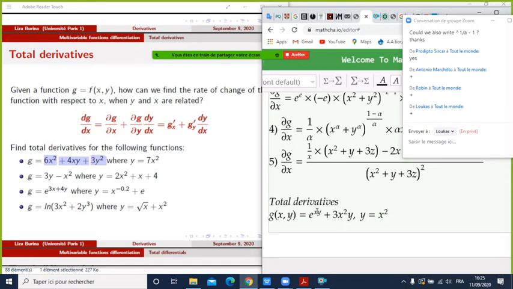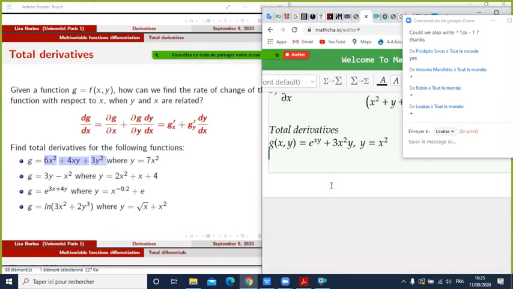You obviously do not always have that information, first of all. Or you can even have a case where they're not correlated at all and you can say it for sure. So total derivatives is a specific technique for a specific case, when we have a functional form of y in terms of x.